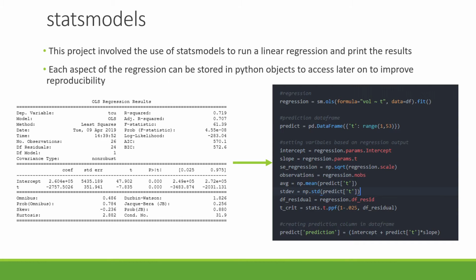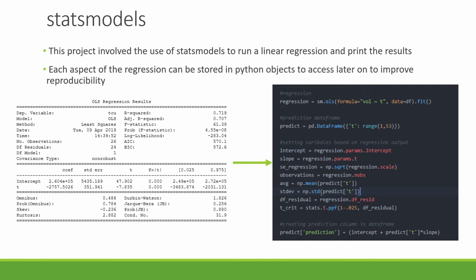So next I explored statsmodels. This is a package which allows you to easily run regressions and other statistical functions. In the past, what I would have done is something like what you see on the left, which is print out the results of the regression. And typically I might have hard-coded in some of the values for the intercept and the slope and used that in something like Excel to actually make my predictions.